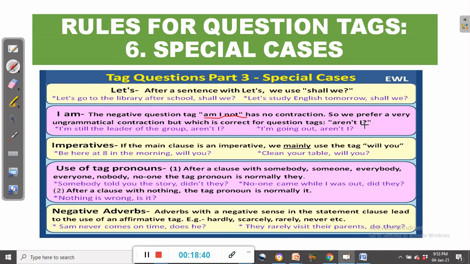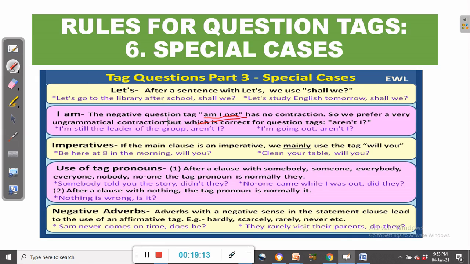One aspect of language is conventionality. It is what is generally agreed as proper usage by the speech community. It becomes quite correct because it is acceptable to the users of the language. So, aren't I has become the acceptable tag question form when you use I am.